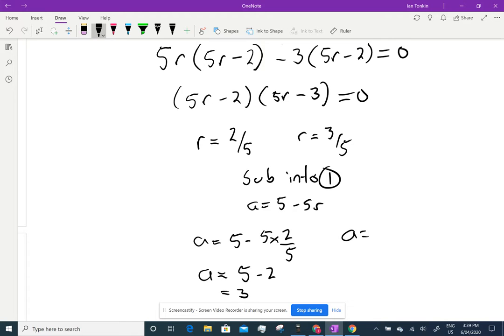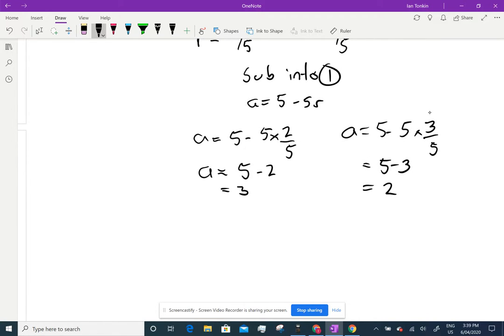Or A equals 5 minus 5 times 3 on 5, which is 5 minus 3, which means A equals 2. So A equals 3, R equals 2/5, or A equals 2, R equals 3/5. Let's just check that as an answer. There we go.